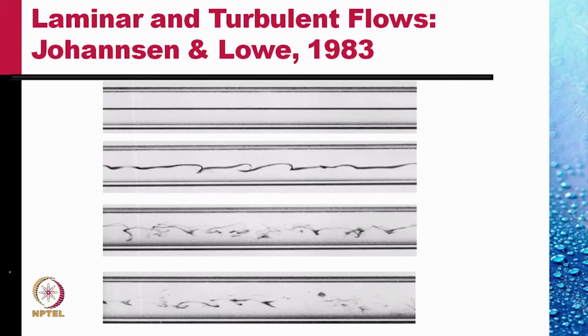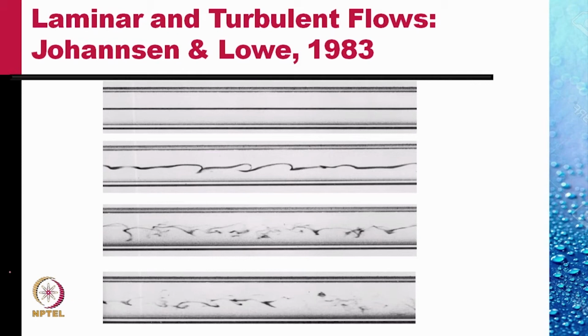Reynolds also established that this transition from laminar to turbulent occurs not at a flow speed, but at a composite parameter depending upon the viscosity, the density, the velocity, and the diameter of the pipe.